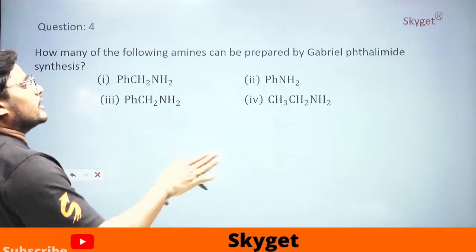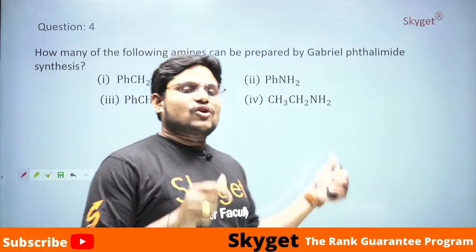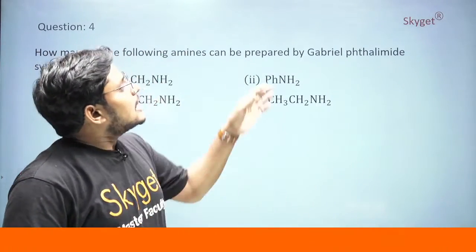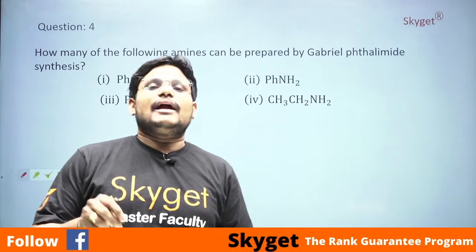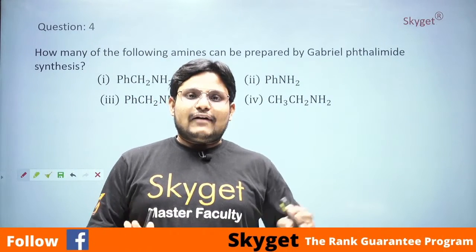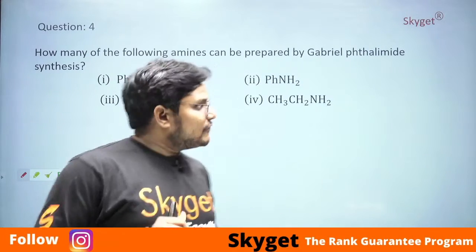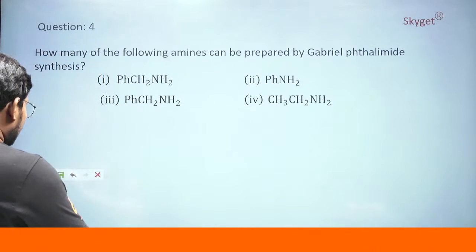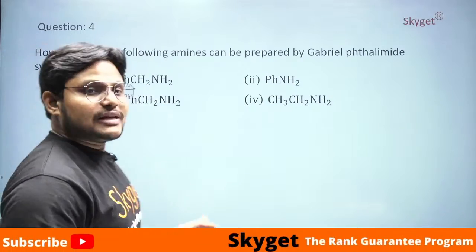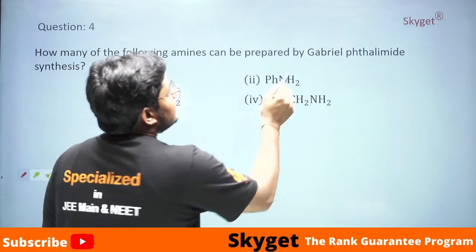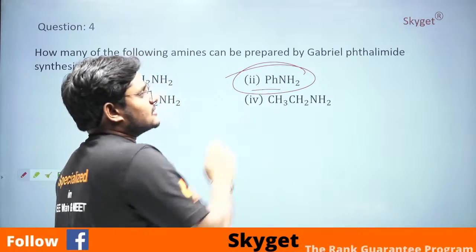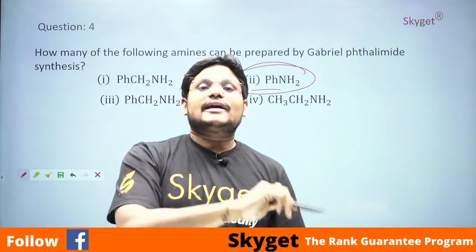So if you observe here, one statement I will tell you to make this concept very, very easy. That is, Gabriel phthalimide is made for only aliphatic amines, students. Only aliphatic amines. So in this, which one is aryl amine, students? Yes, the second one is aryl amine. This cannot be involved in the Gabriel synthesis.